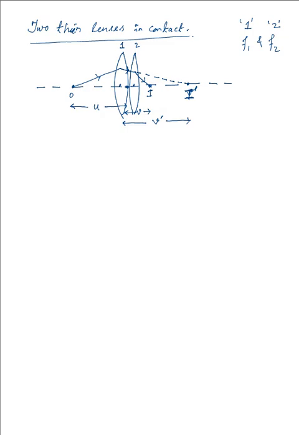Now, for the first lens, because we have already studied the thin lens formula, we can just put in those values, where we have 1 over v prime, which would have been its image distance had the image been formed at I dash.